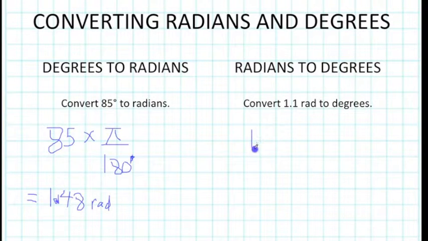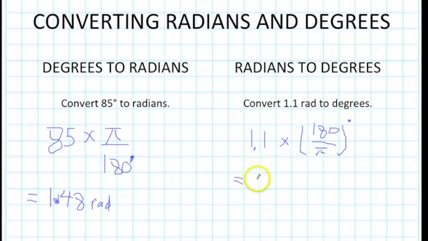So 1.1 times 180 over pi degrees. And that equals about 63 degrees.